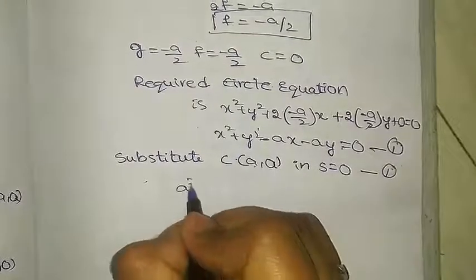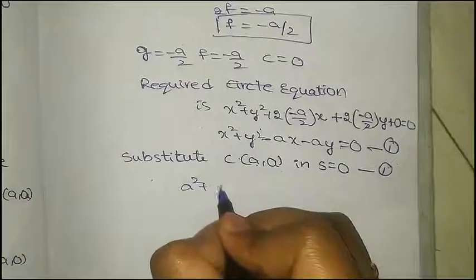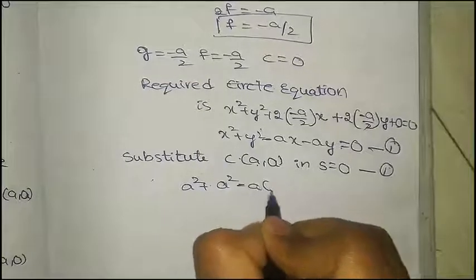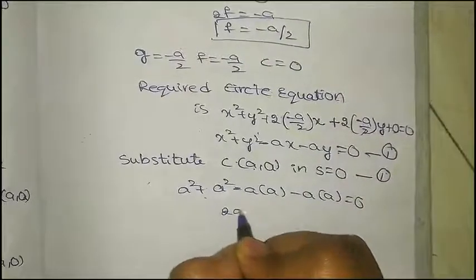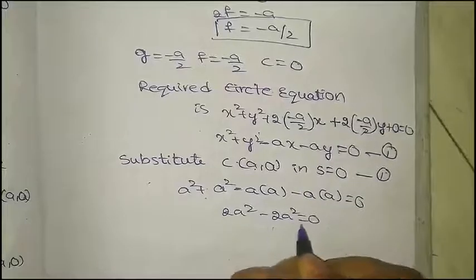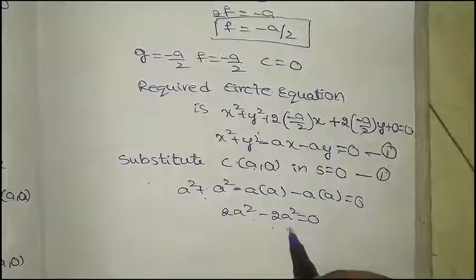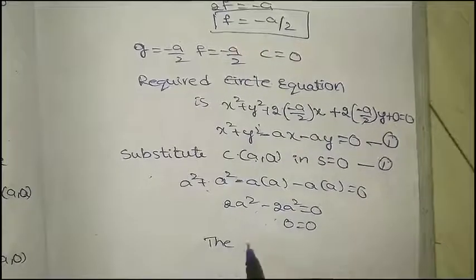So a square plus a square minus a into a minus a into a is equal to 0. That is 2a square minus 2a square is equal to 0. So that is equal to 0. So that means the given points are concyclic.